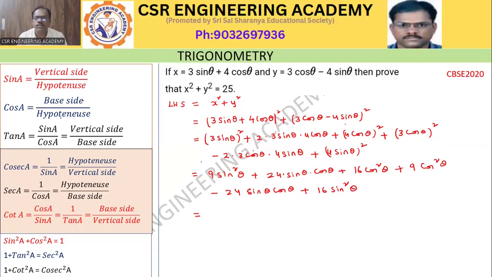Here plus 24 sin theta cos theta minus 24 sin theta cos theta gets cancelled.